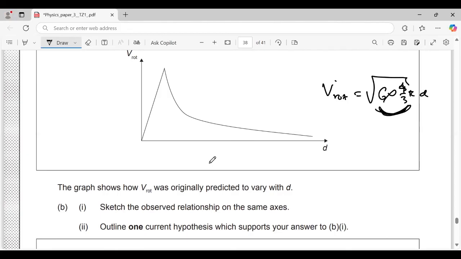So for larger d, the graph will be a straight line like this. That's the graph.